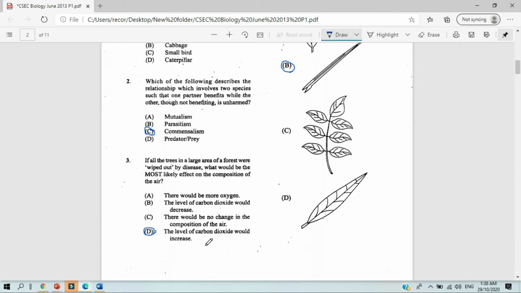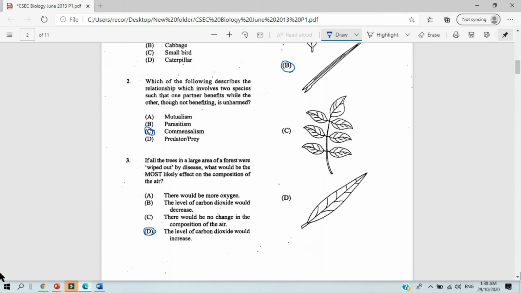The level of carbon dioxide would increase in the area because trees are considered to be carbon sinks. So what happens is that the trees would have been expected to be removing carbon dioxide from the air for photosynthesis and actually to store this carbon in the plant. So if we were to remove the trees from the area, then the level of carbon dioxide in that particular area would increase.